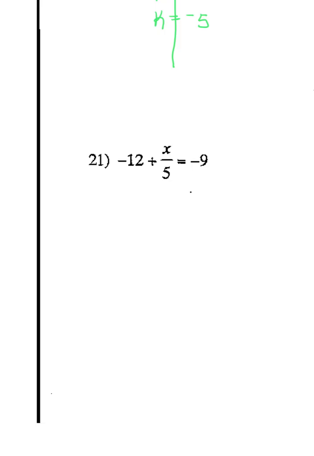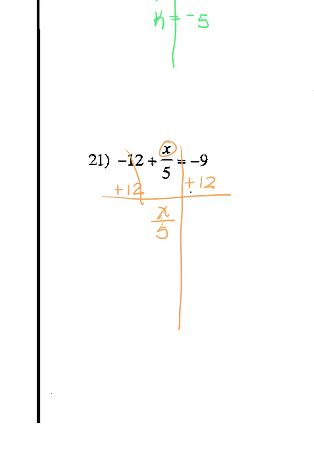All right, one more that I'm doing with you. Drawing my line. Circling my variable. Okay, negative 12 is the number not connected to the variable. Opposite of negative 12 is plus 12. Twelves cross off. I have x divided by 5, like I said. Put the dots if it helps you remember that that's what it means.